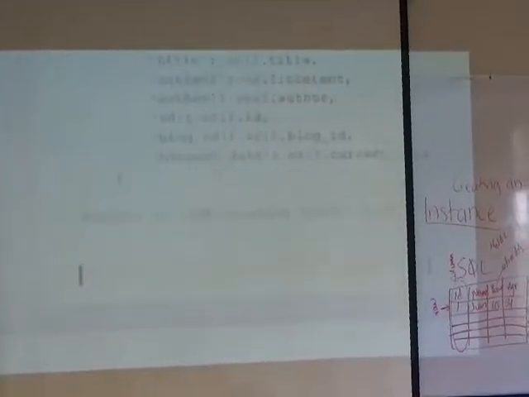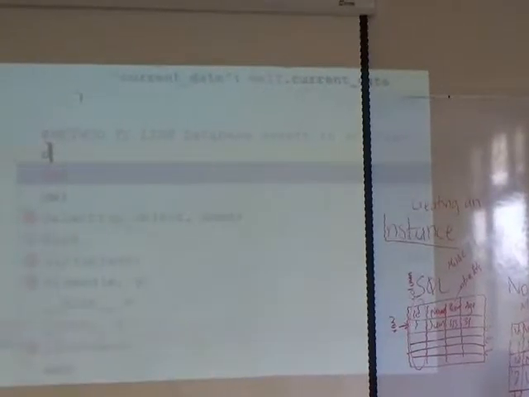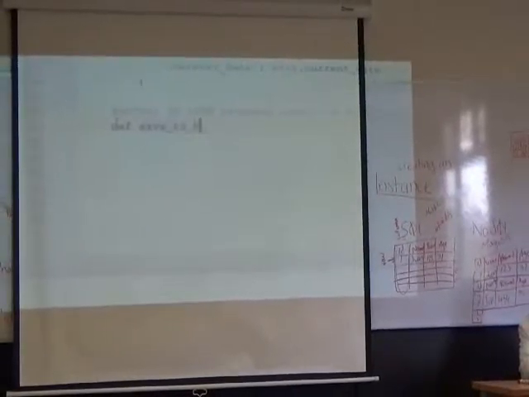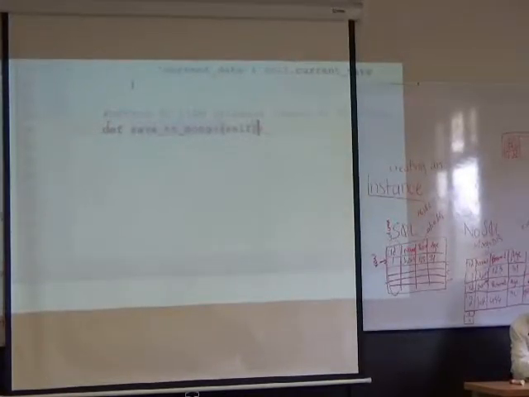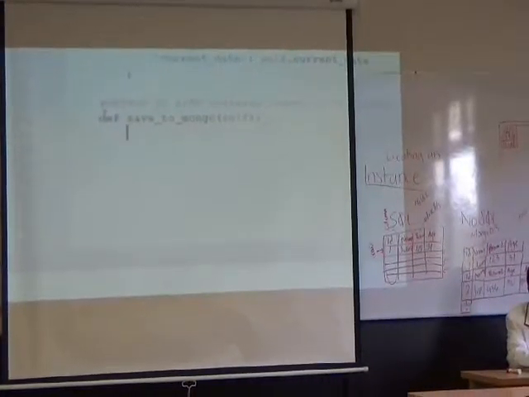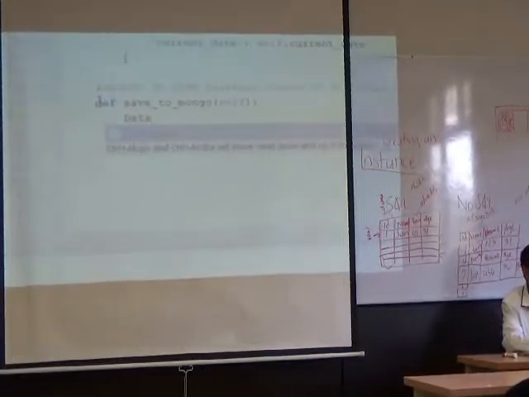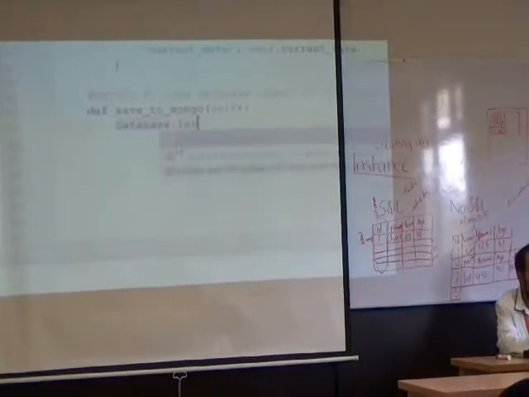Okay, and it will be like this. It's just 3 lines, guys, and I'm finished. It will be def save to Mongo, open and close, enter. Database, I'm gonna connect with the database dot insert.